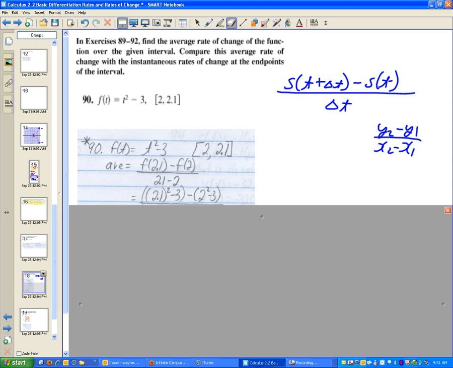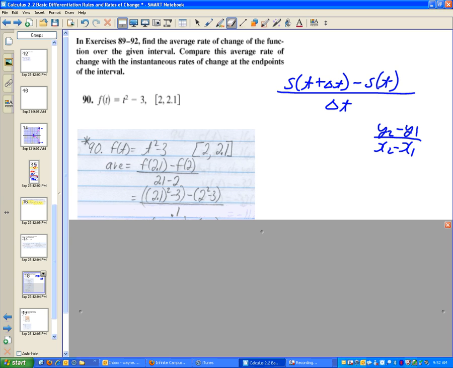So instead of t squared minus 3, it's 2.1 squared minus 3 minus f of 2. So instead of t squared minus 3, it's 2 squared minus 3. Over 0.1, because 2.1 minus 2 is 0.1.